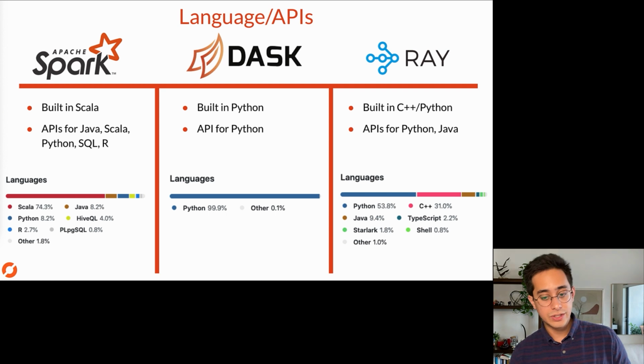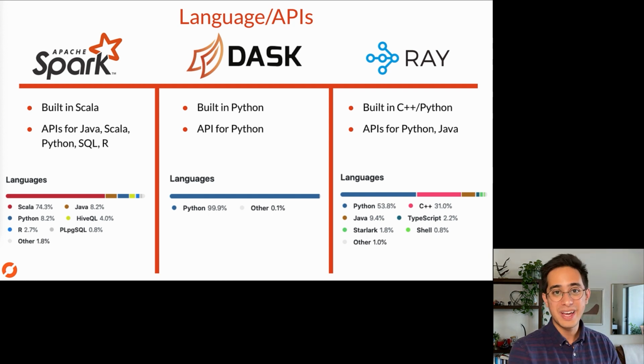So when it comes to languages, I took these screenshots straight from the GitHub repos of all these projects. But the main idea here is that Spark was built in Scala. It's a JVM language, so that reflects itself when you get errors, and you get these weird Java stack traces. And when you're trying to debug it or contribute to it, you're going to have to write in Scala.